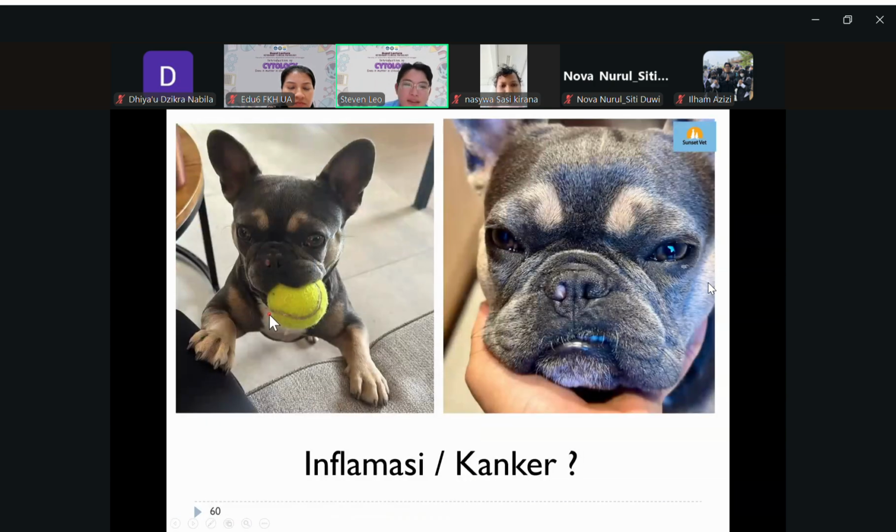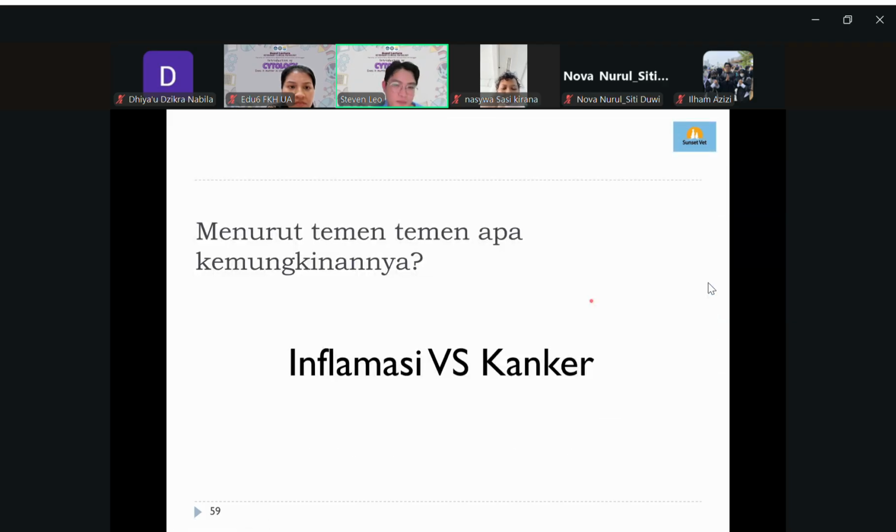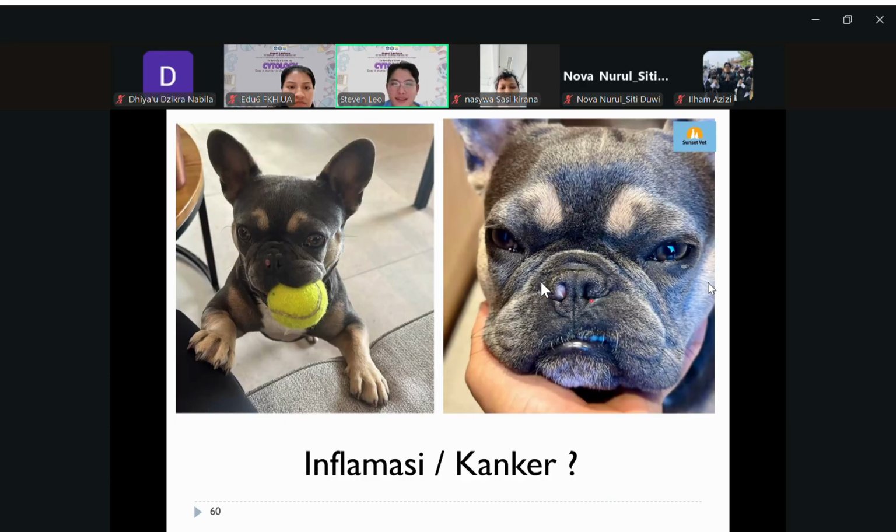You can imagine if you do not aspirate, if you do not do cytology, you would think this one is cancer. And then what is your expectation? Will you suggest to the owner, okay, let's cut the nose? You can imagine Frenchie, if you cut the nasal planum, what will happen?